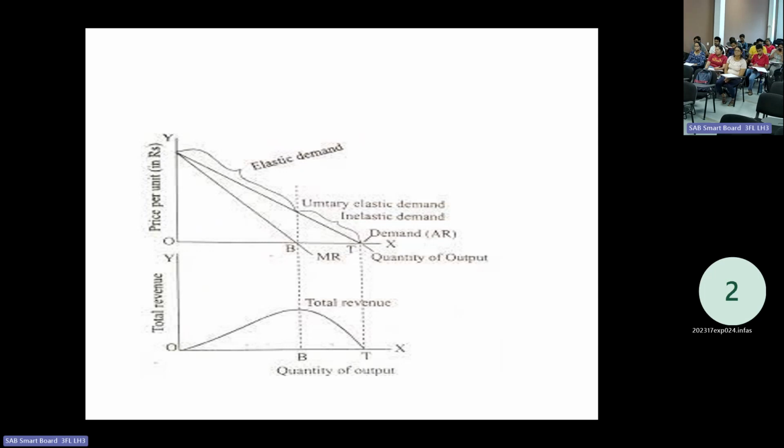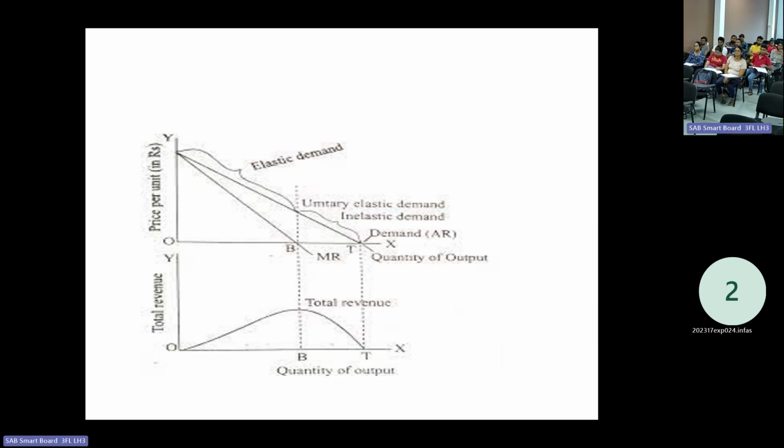At the intersection point of the quantity axis, price elasticity of demand equals 0. At the intersection point of the price axis, price elasticity of demand is infinity. In between, the demand is elastic.